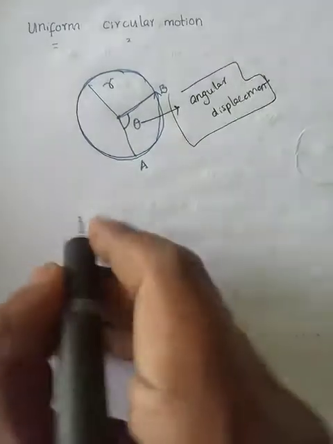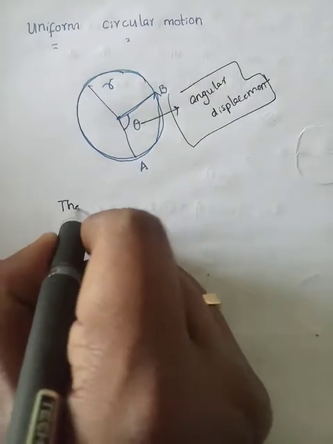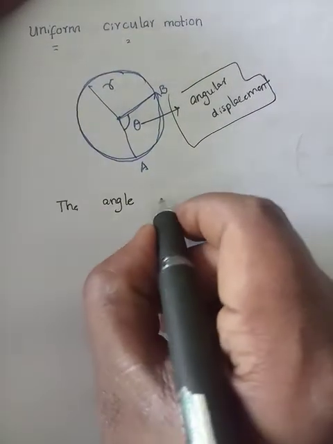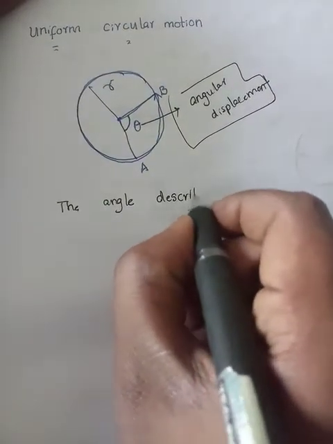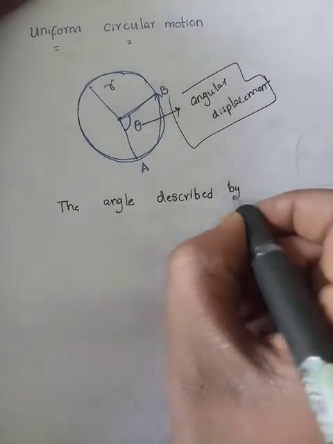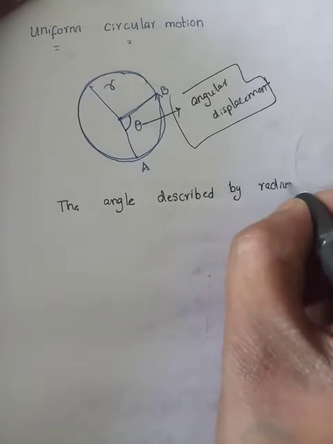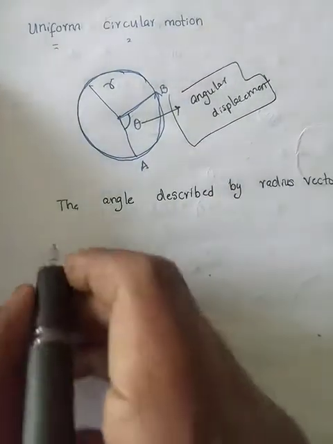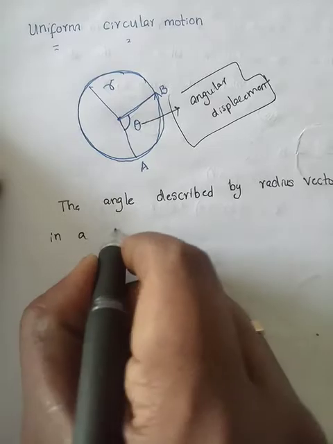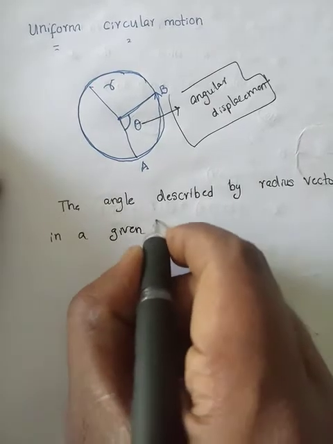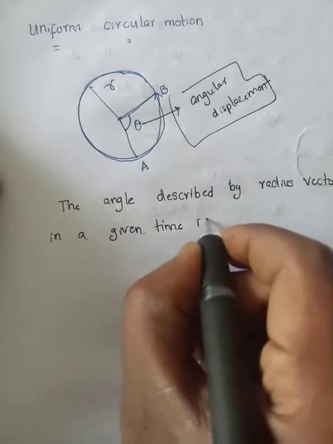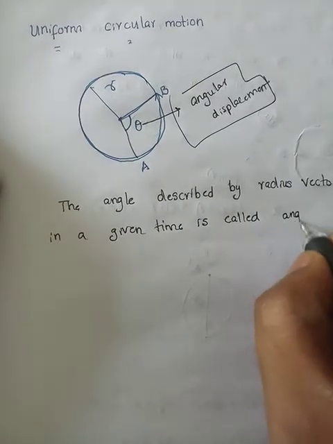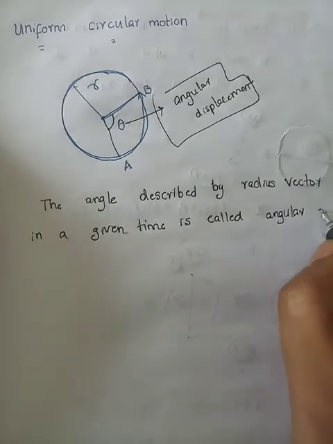So we can define it here: the angle described by the radius vector in a given time is called angular displacement.